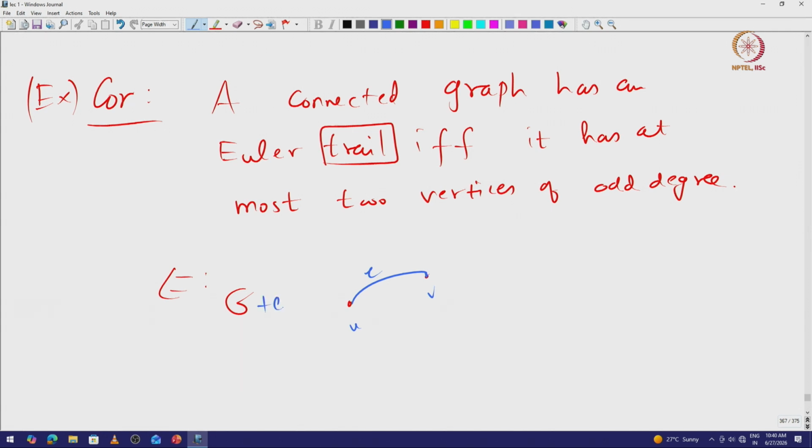That means you are adding an edge, G plus E. Adding an edge makes those two vertices have even degrees, so G plus E becomes Eulerian. Then you will get an Eulerian tour. From the Eulerian tour you delete that edge, and then you will have your Euler trail. It is a rough idea, one can make it very precise and write the details. I will leave it to you to do that.